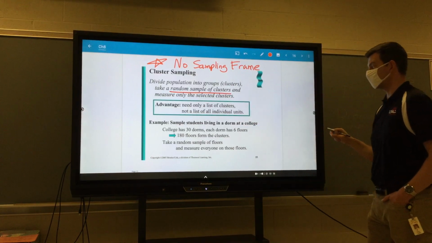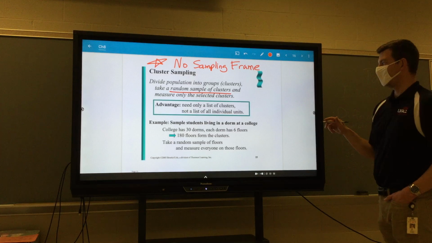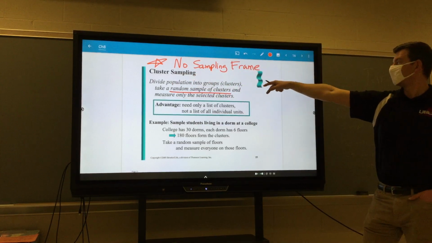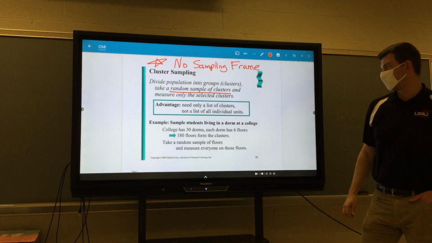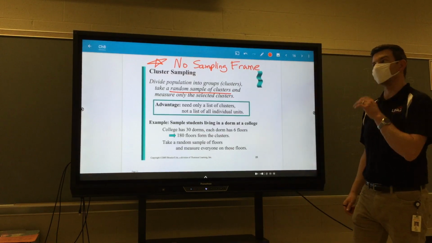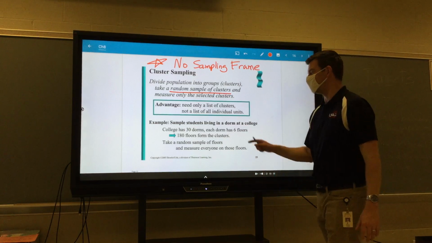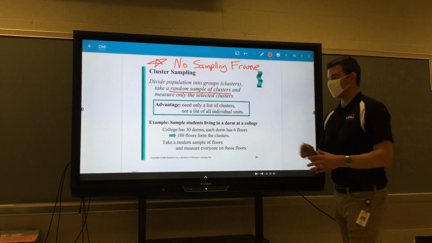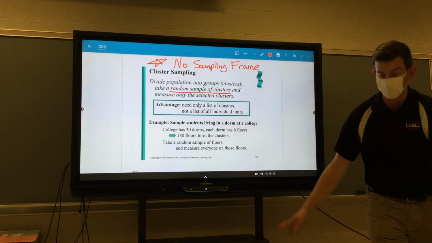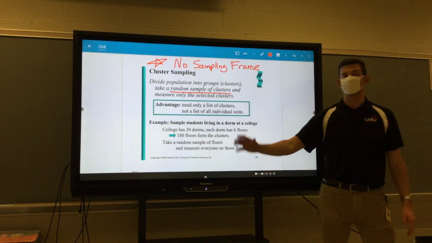That's cluster sampling. Okay? It does not require a list of everybody in the population, because you're randomizing and you're taking a random sample of the clusters and then measuring everyone within those selected clusters. Okay? So again, these are two similar methods. You're splitting them into groups.